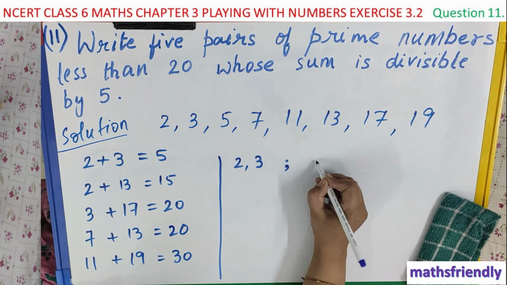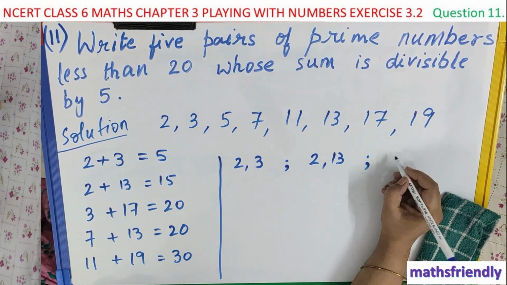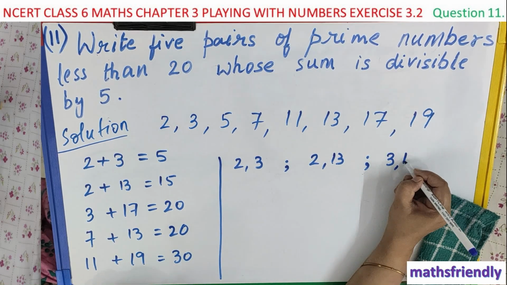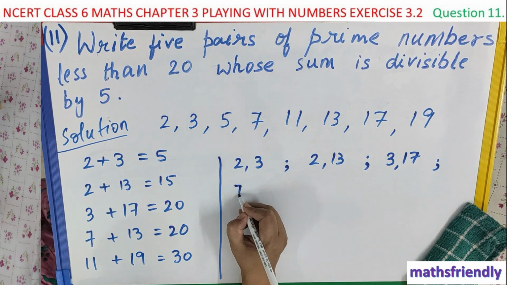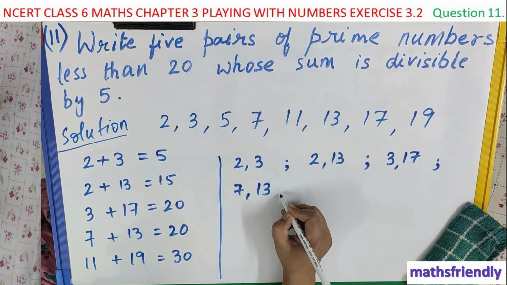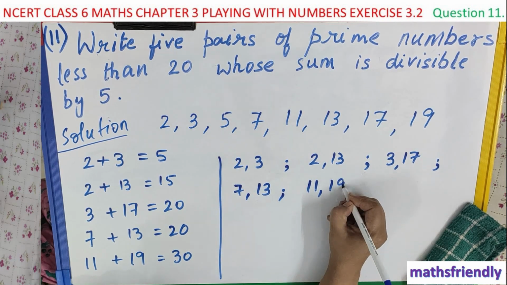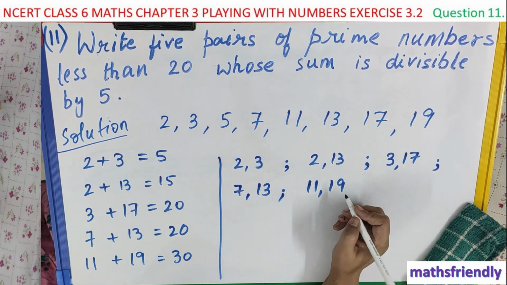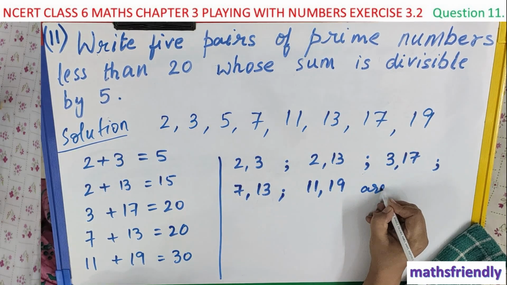The second pair is 2 and 13. The third pair is 3 and 17. The fourth pair is 7 and 13. And the last one is 11 and 19. These are 5 pairs of prime numbers.